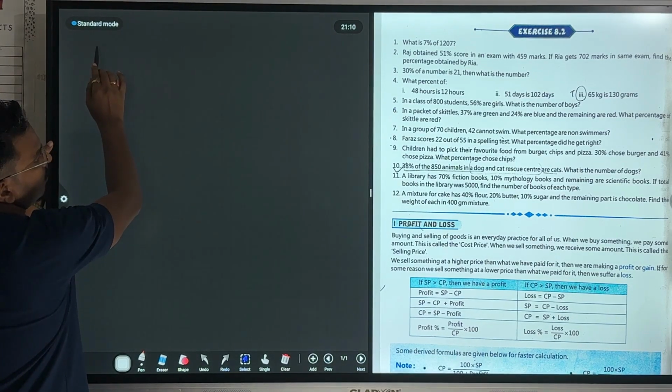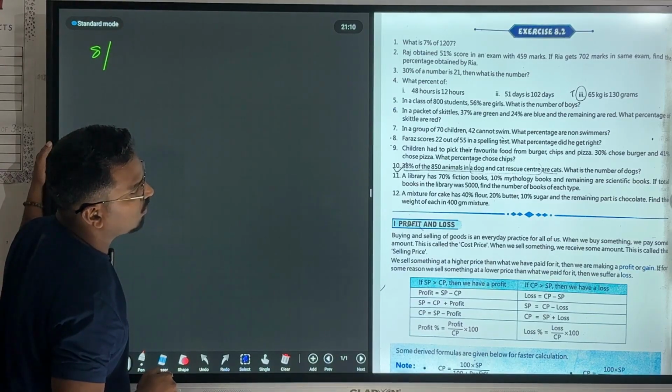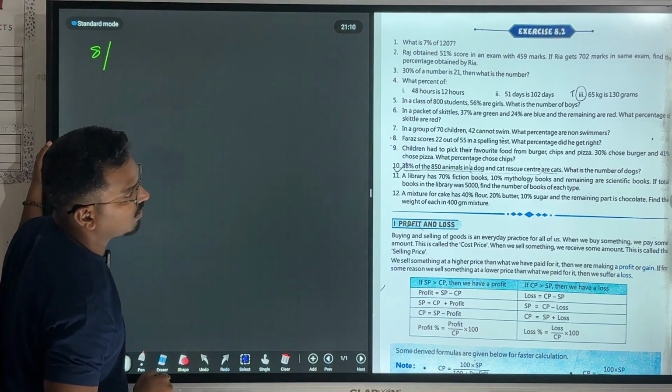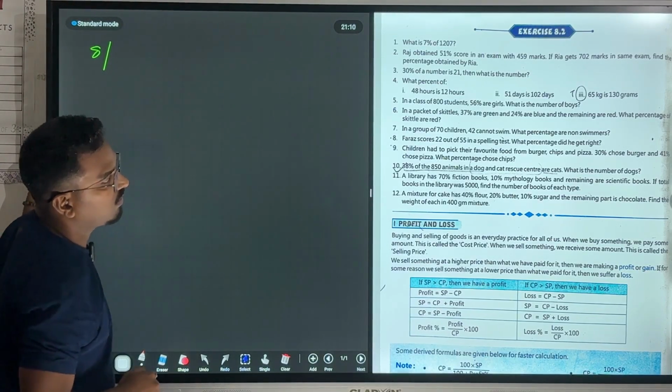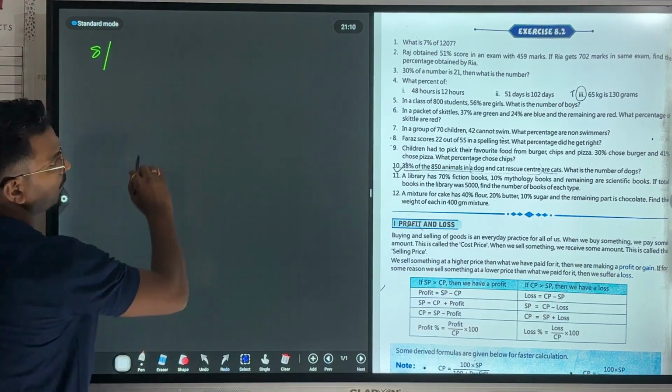Question number 8. Faraz scored 22 out of 55 in a spelling test. What percent did he get right?